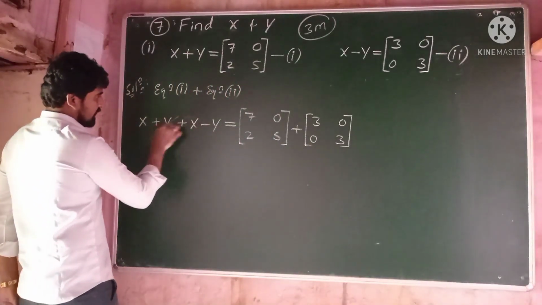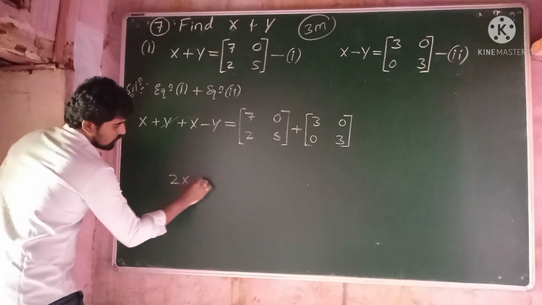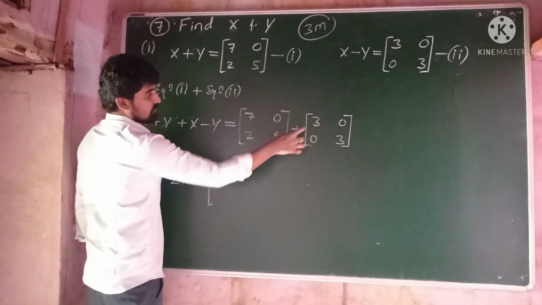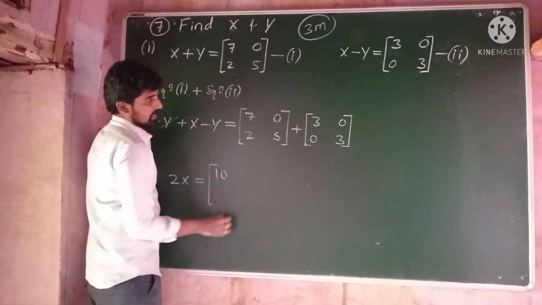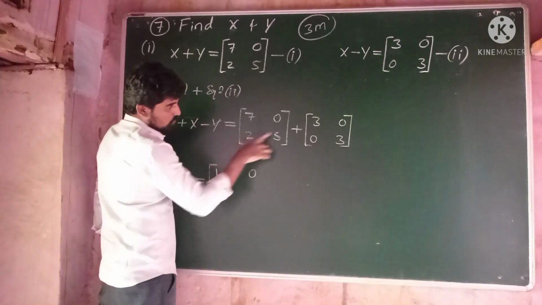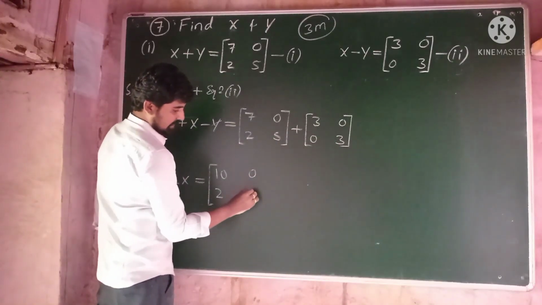So Y minus Y gets cancelled, X plus X is 2X, equals 7 plus 3 is 10, 0 plus 0 is 0, 2 plus 0 is 2, 5 plus 3 is 8.